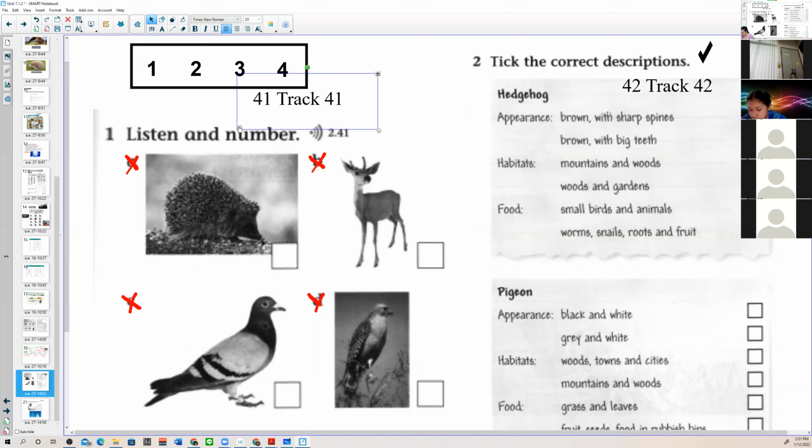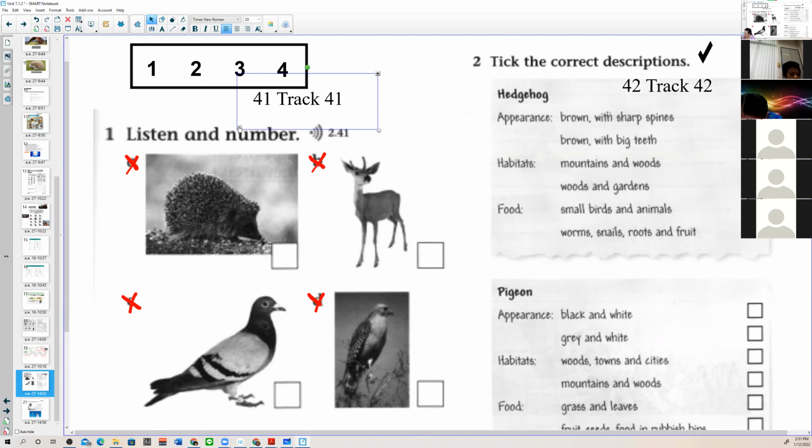Number 1. It's a bird. It's got brown feathers and a big beak. It lives in mountains and woods, and it eats small birds and animals. Number 2. It's a bird. It's grey and white. It lives in woods, and it lives in towns and cities too. It eats fruit and seeds and lots of other things, like food in rubbish bins. Number 3.